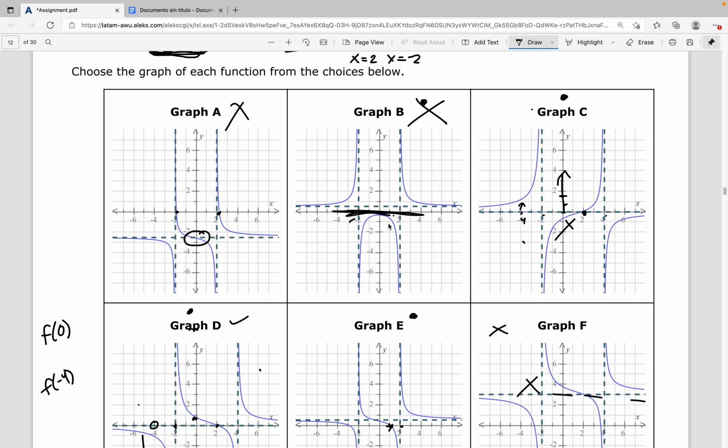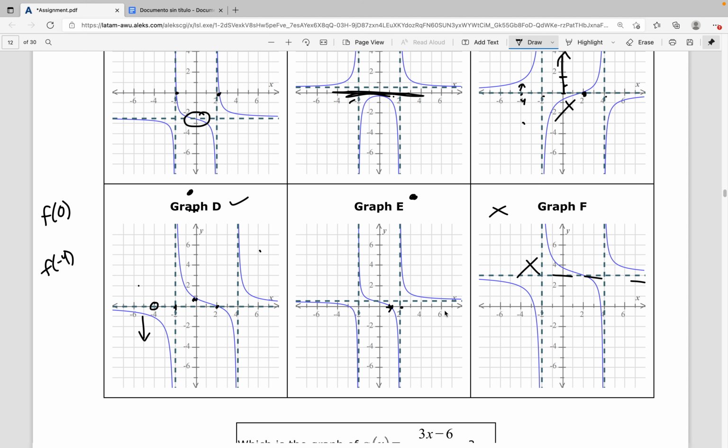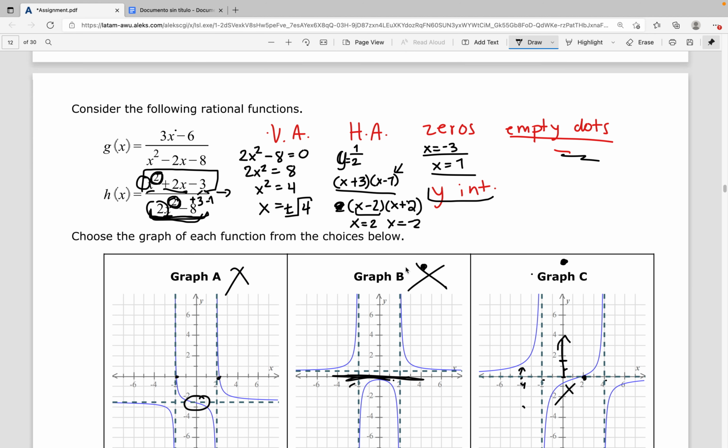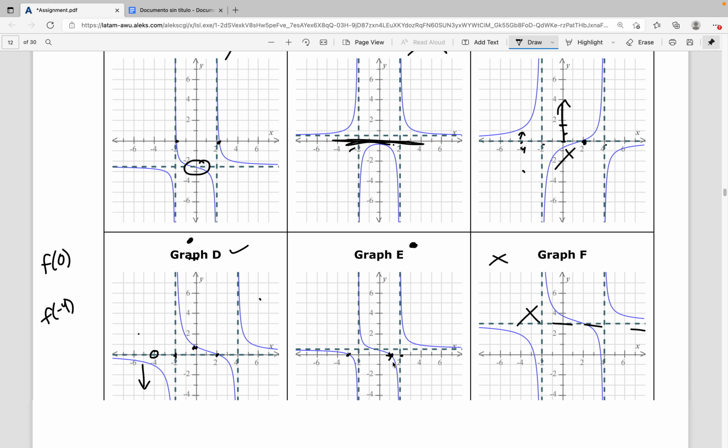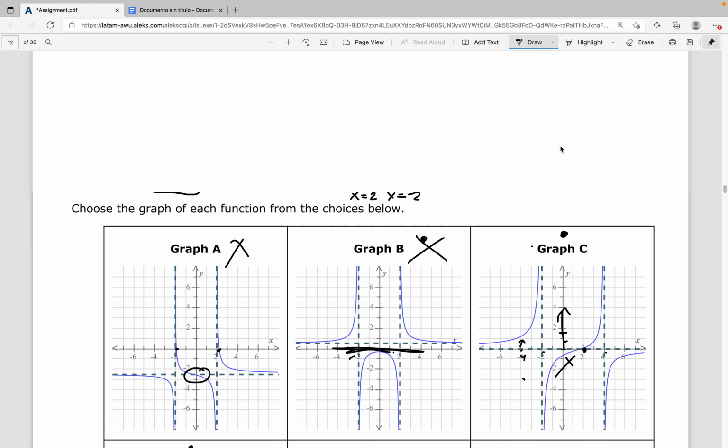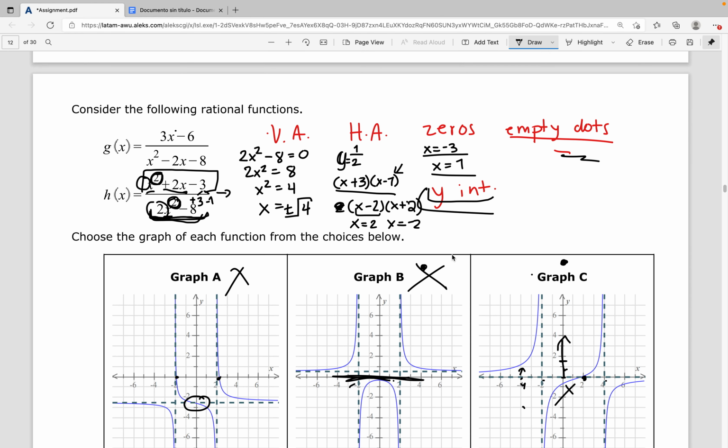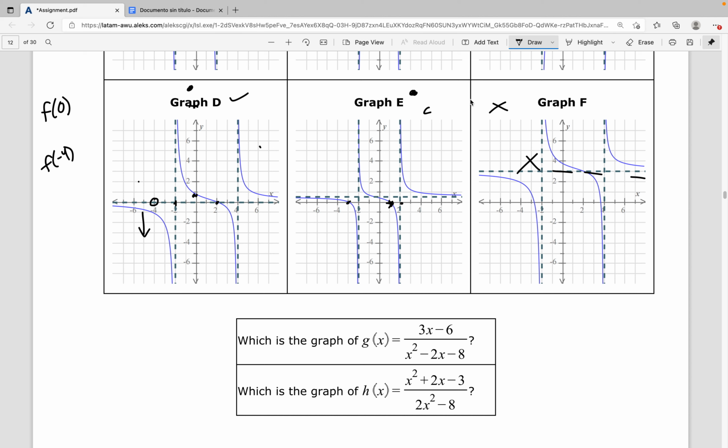So I think we got our answer. Let's see. Negative 3, here it is. And positive 1, here it is. So we didn't have to get this because we were sure of our answer. Correct. So for this one, it's D.